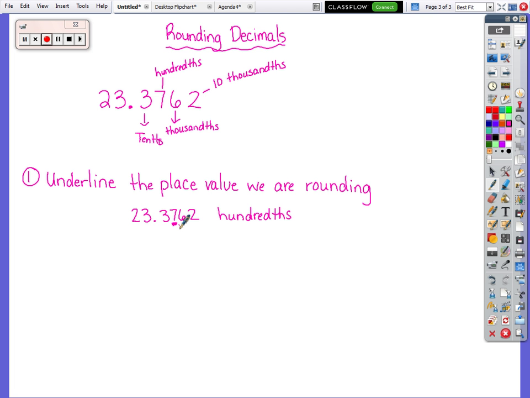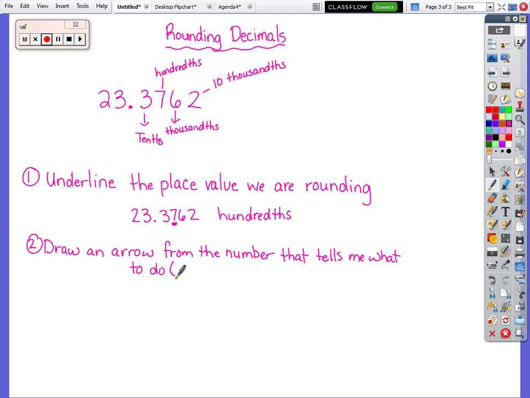The second step: I'm going to draw an arrow from the number that tells me what to do. That number, I'm going to put this in parentheses, is the number directly to the right.